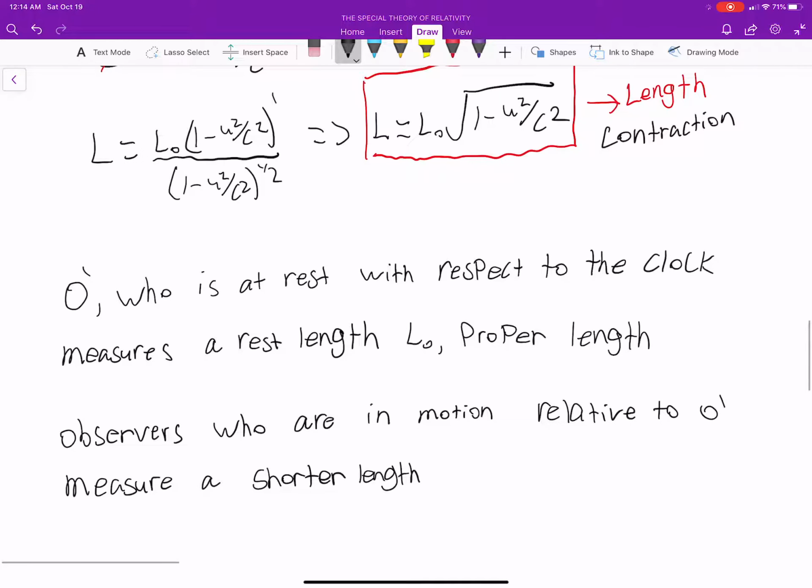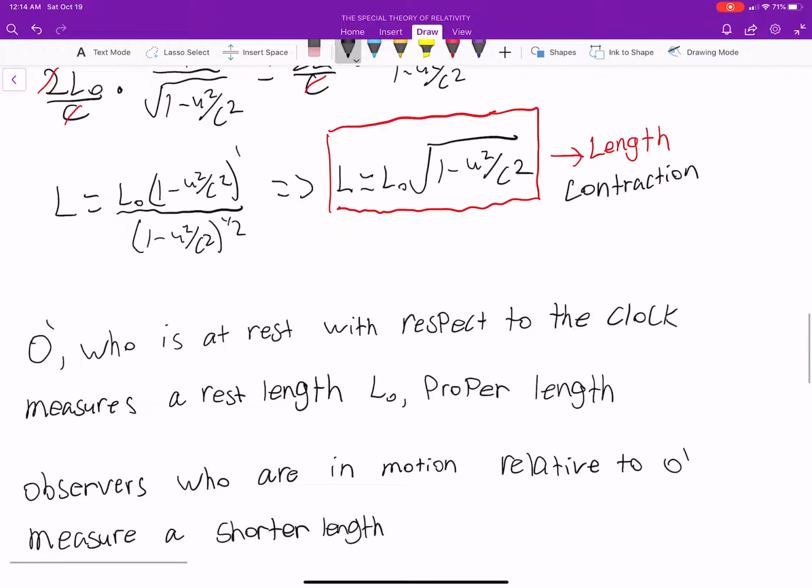Right? Hopefully that makes sense there. They measure a shorter length.